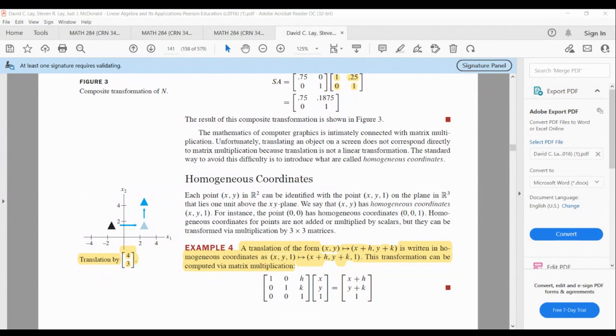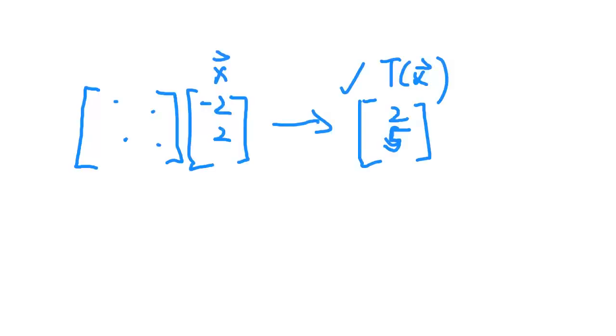Another way to think about it, if I go back to the whiteboard, let me do this another way.